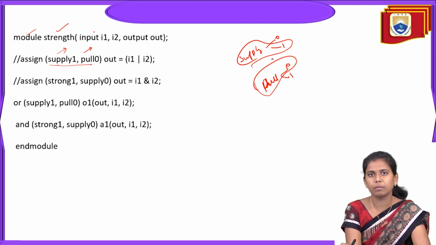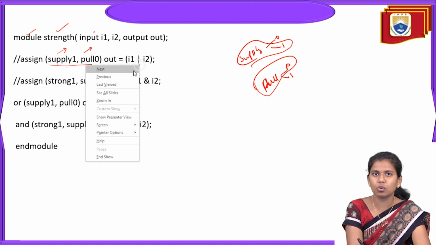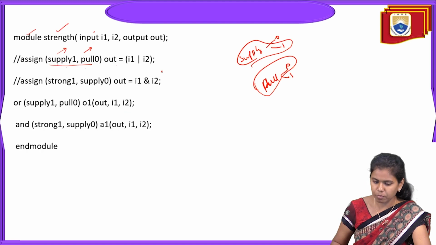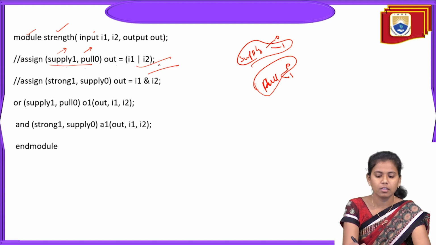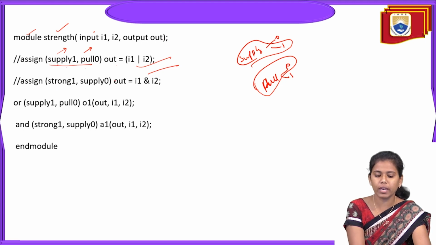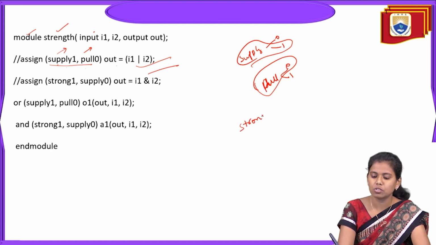Pull 0 and supply 1, where my output is XOR, right? So I2 XOR I1. Then assign strong. Here I'm considering two bitwise operators, OR and AND. So assign strong 1 and supply 0. So here one more drive I'm considering, that is the strong drive, with 0 and 1.